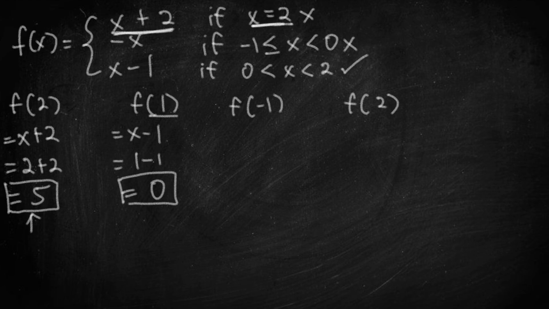Next, the value of x is negative 1. So where is negative 1 here? Here, where x can be greater than or equal to negative 1. And if that is the case, we will have a negative x value. So just copy it, negative x. So do note that we are going to be substituting a negative number into a negative variable.